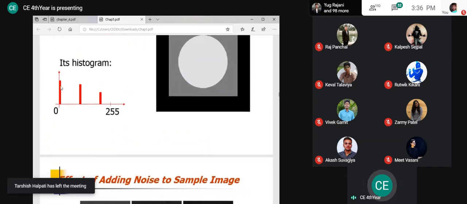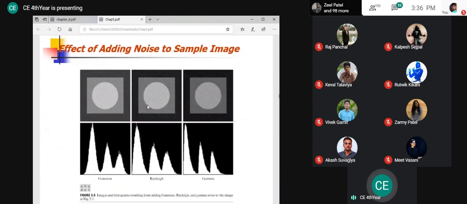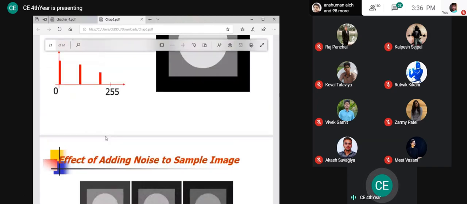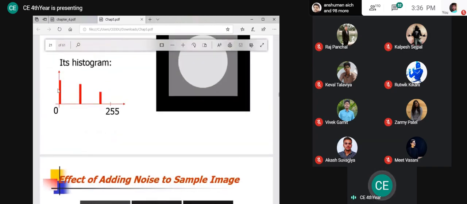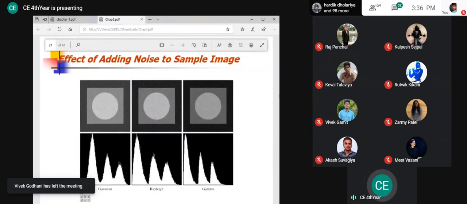Suppose my intensity exists here, so I will have the Gaussian PDF shape here. Rayleigh shape you can see. Wherever the intensities existed, the shape of the noise gets copied, because my intensities were separate enough, far enough, that it was possible to have three different curves.